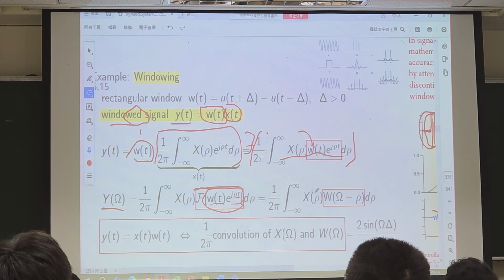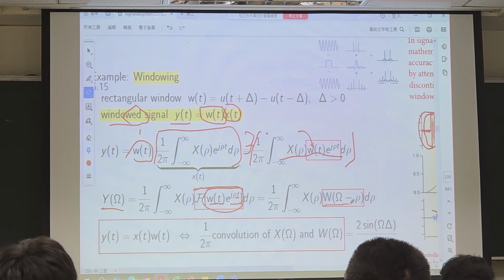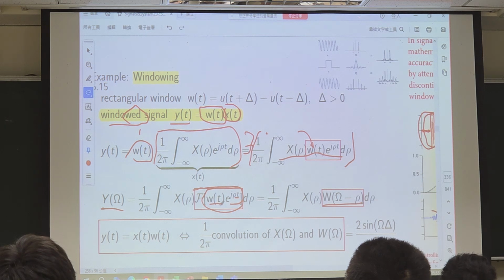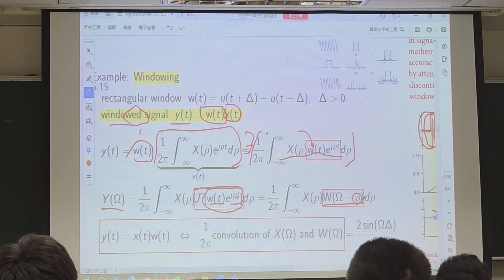And this turns out to be the Fourier transform of W with a frequency shift rho in the frequency domain.